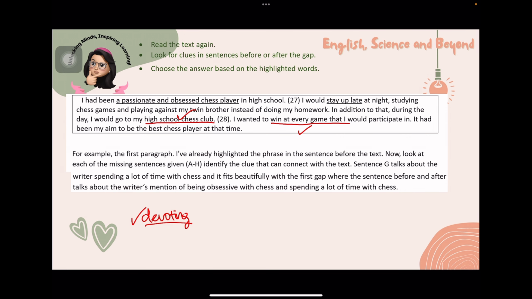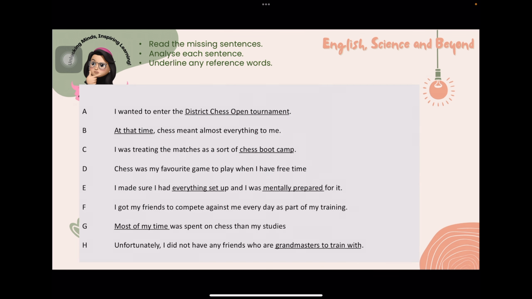So it's about the desire to win at chess, to be really good at chess, and also the devotion to chess. Which sentence here tells us something along the lines of devotion and desire to win? The closest sentence that gives us that clue would be, "At that time, chess meant almost everything to me."